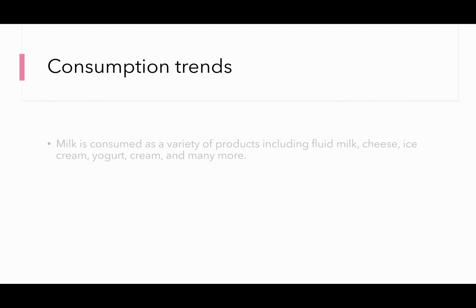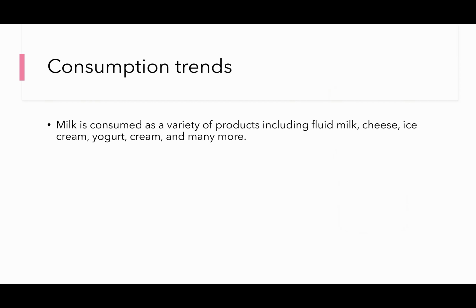There are some consumption trends, though. Milk is consumed as other products as well. Fluid milk or fresh milk is very big in the United States, though it may not be as big in other countries. In some countries, it's more common for the milk to be dried, and then once it's drunk, it's reconstituted to either be drinking or used in cooking.